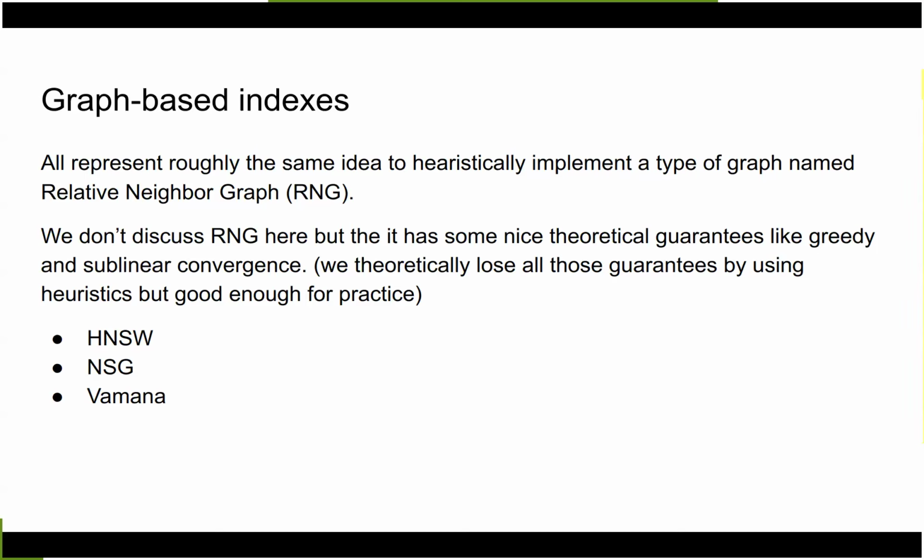But generally speaking, at least in practice, there is no theoretical proof for that. Graph-based indexes that are being used in practice give you log n search time. So it's very good. Cluster-based indexes in practice usually give you square root of n search time, but graph-based indexes give you log n search time.